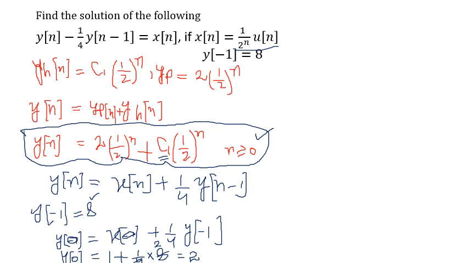So let's put it. I'm going to put the value of y of 0.